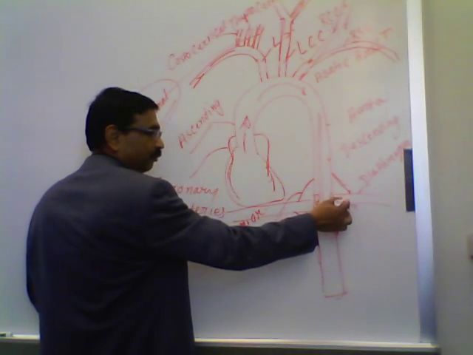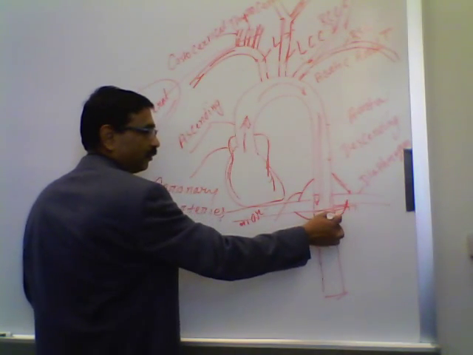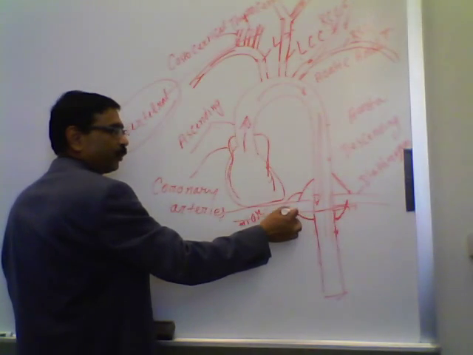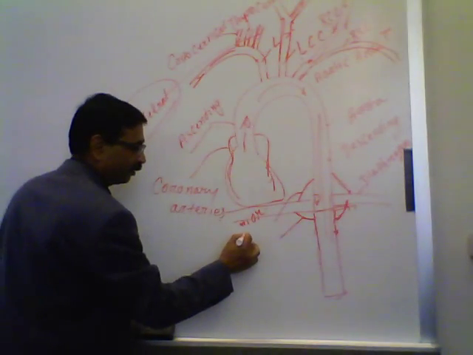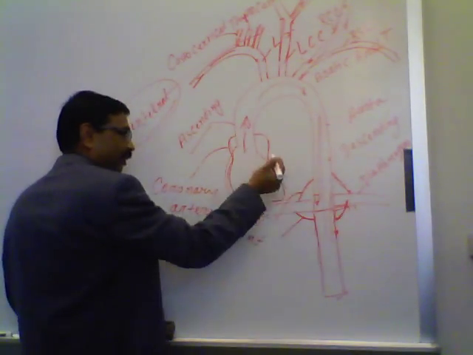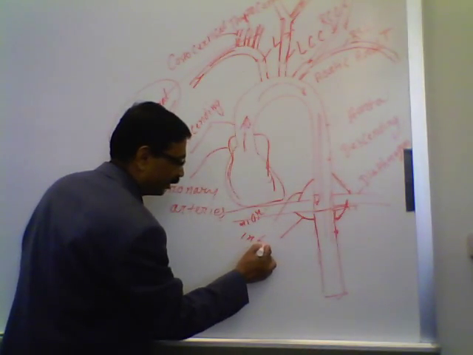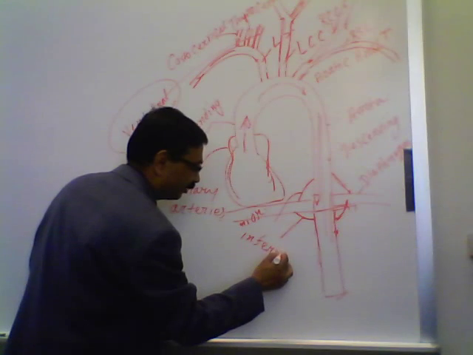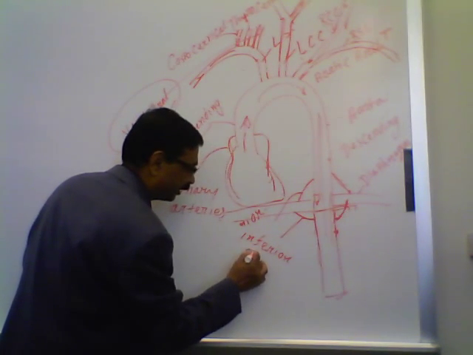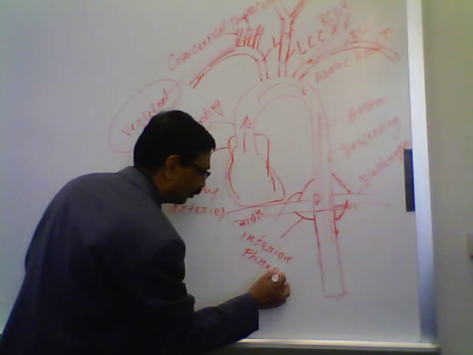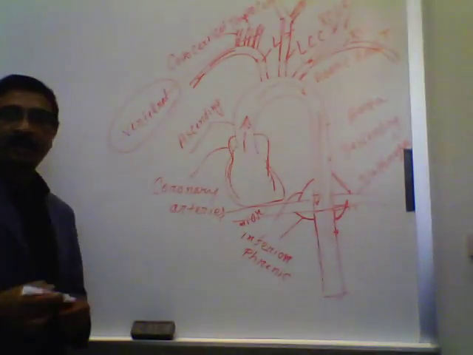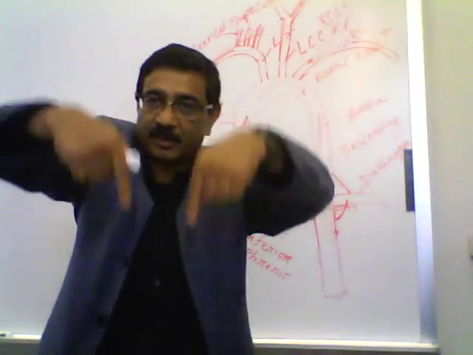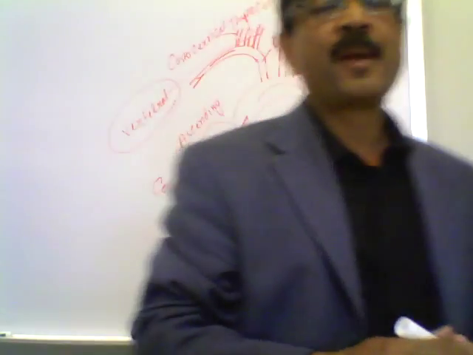What should be the name? Phrenic. So are these superior or inferior? Inferior phrenic. Very good, because they come from down. Inferior phrenic arteries are the branches of the abdominal aorta. Superior phrenic are the branches of the thoracic aorta.